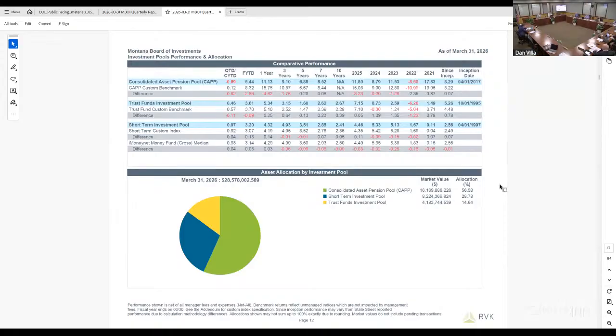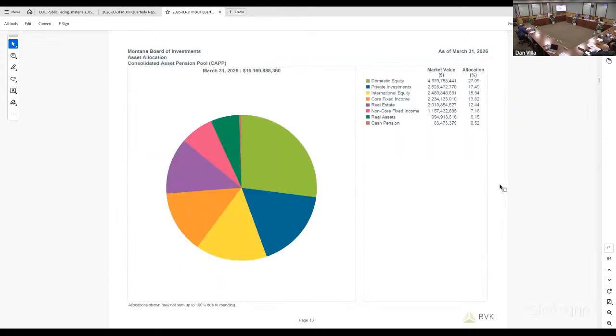So the following page 13, this is another expression of basically taking this CAP pool that the retirement plans participate in and showing you visually what the allocations are among the major asset classes.